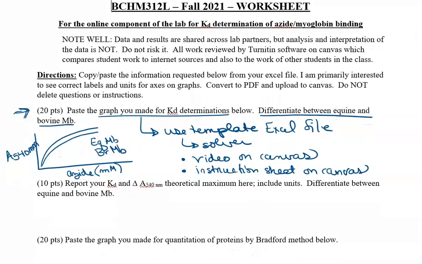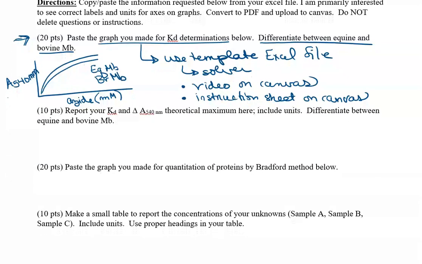Next, you're going to be reporting formally those KD and those A540 nanometer theoretical maximum values here. And please make sure that you continue to differentiate between equine and bovine myoglobin and use proper units.